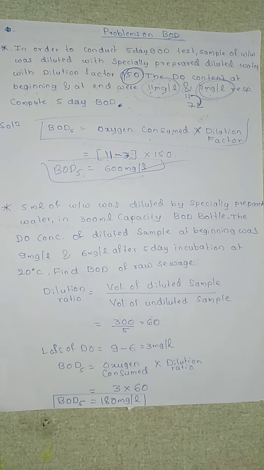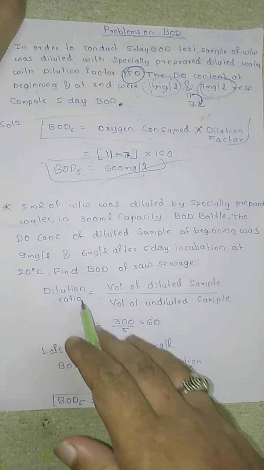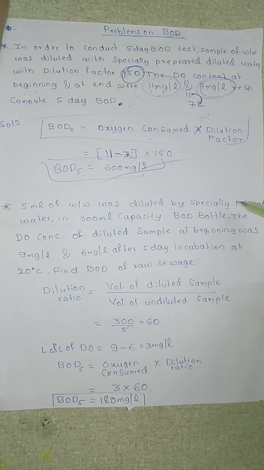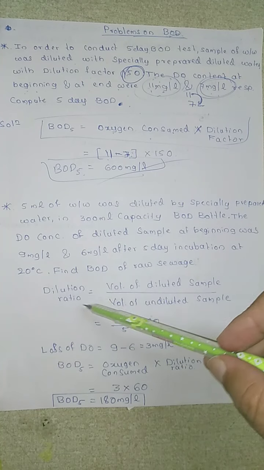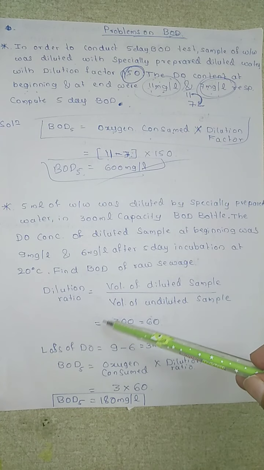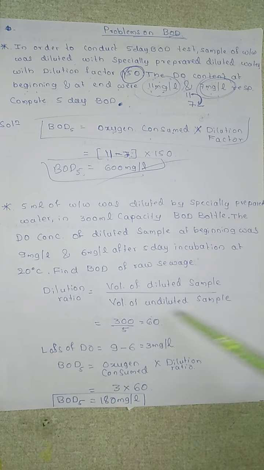They are taking the wastewater and they are going to dilute it. Again, the same formula you will be using in order to solve the BOD problem. But here you need to find out the dilution factor. For that you will be using the formula: dilution ratio is equal to the volume of the diluted sample divided by the volume of the undiluted sample.